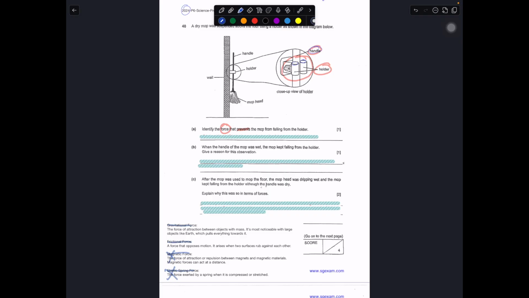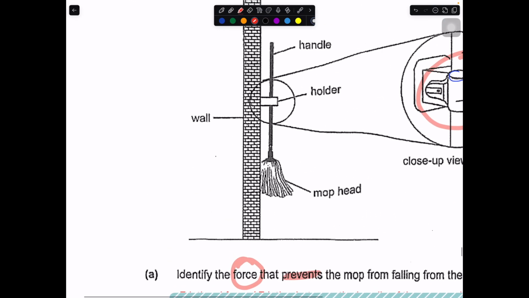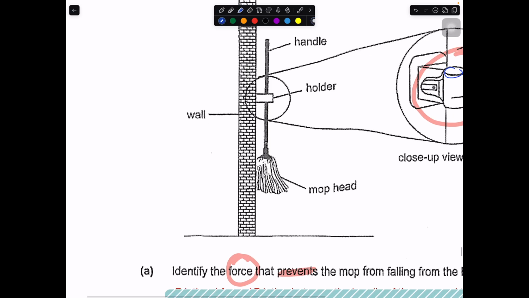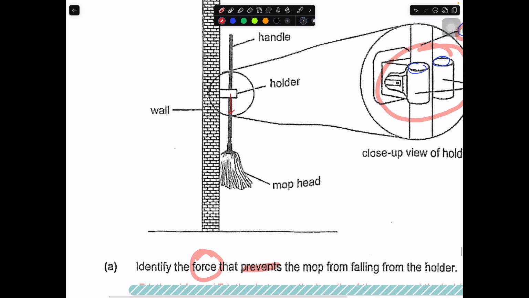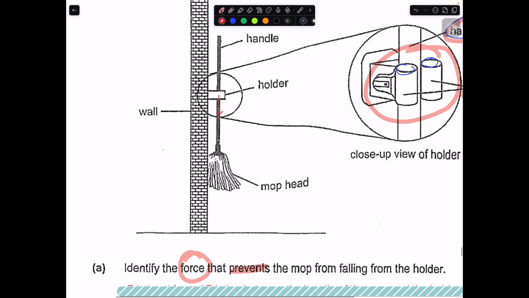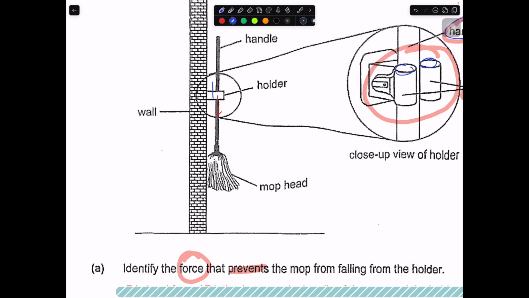Can it be gravitational force that is preventing the mop from falling down? No, because the gravitational force in this case is acting in this direction. Let me just draw it. When the holder is holding the handle of the mop upright, the force should be acting in an upward direction.